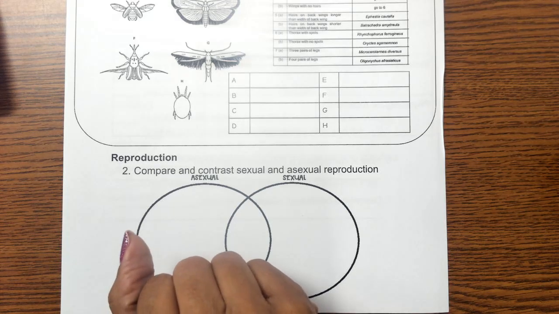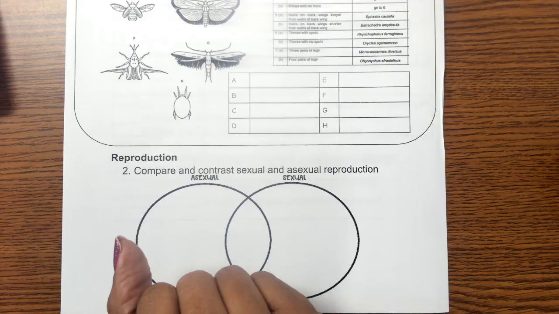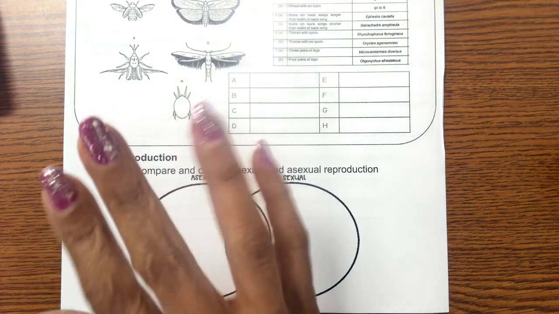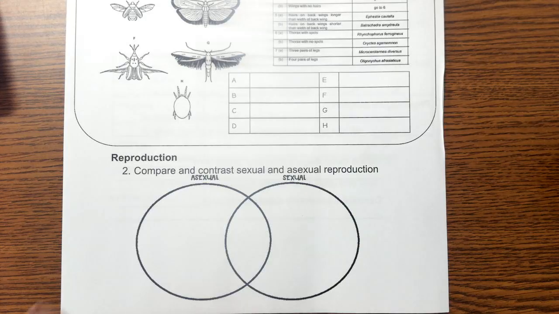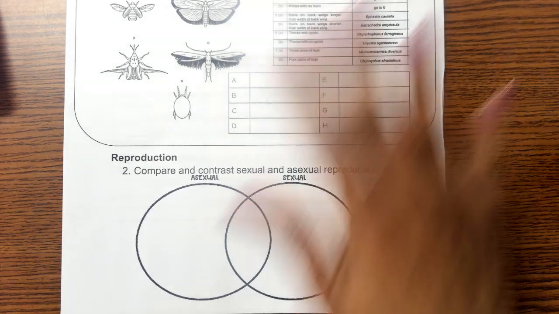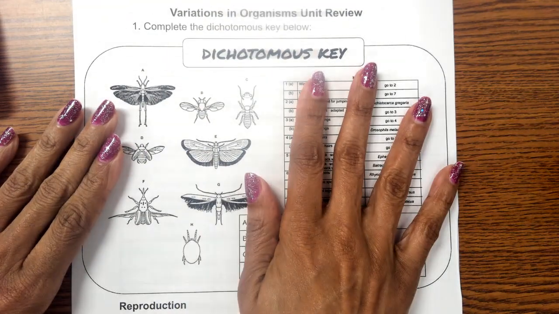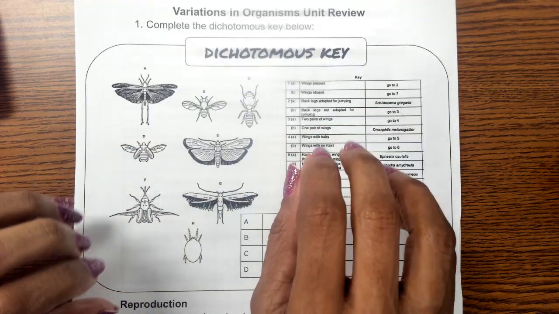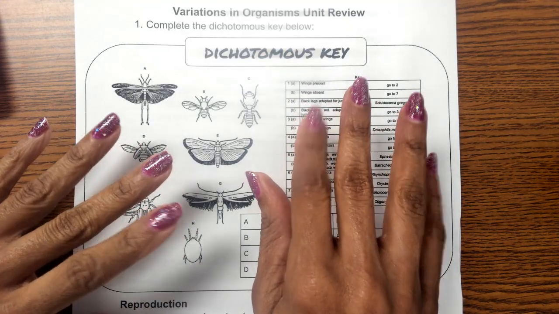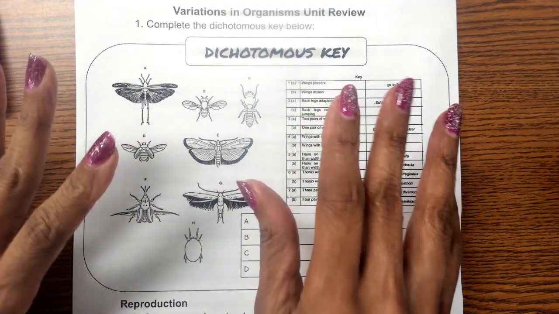Basically, what I'm going to do is go through this review sheet and make you aware of some sample questions that you might see on your test. First of all, this dichotomous key, I'm going to do a separate video on this one because there's a few things that I want to go over and explain, and I don't want this video to be super long.